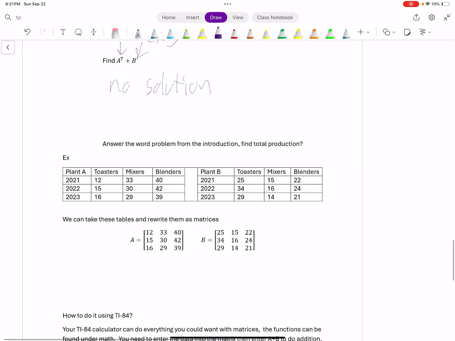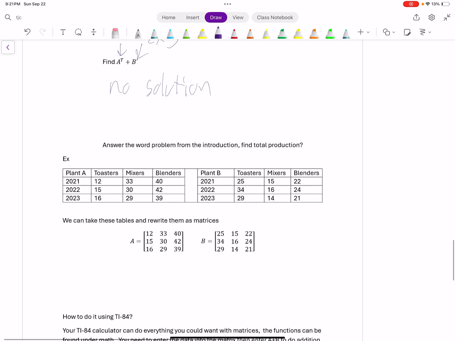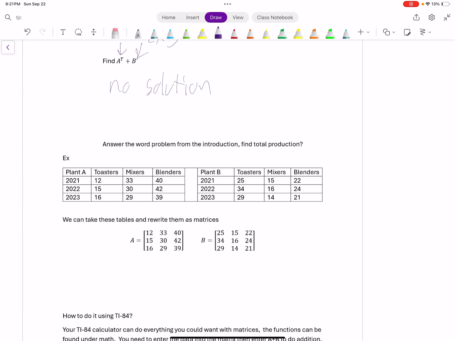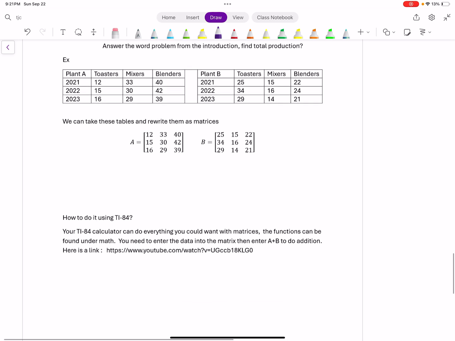So if we want to find the total production of the word problem at the beginning, we want to add these two plants. So we want to know what matrix A plus B is.